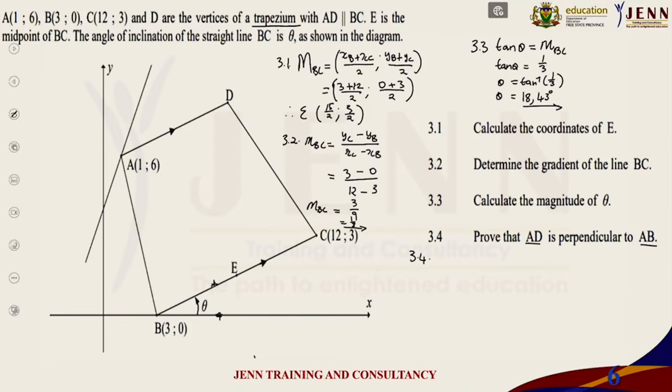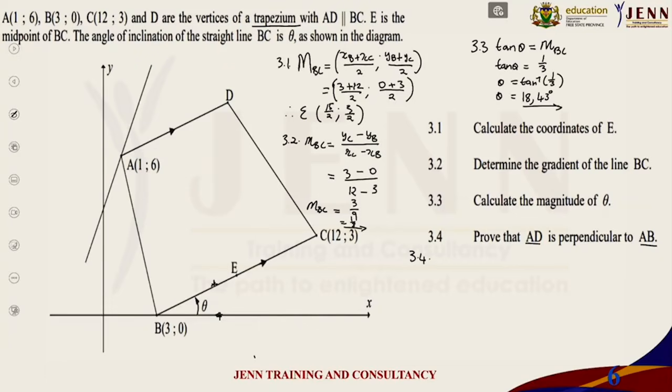What are the properties of a trapezium? One pair of opposite sides is parallel, and we are told by our sketch that AD is parallel to BC.